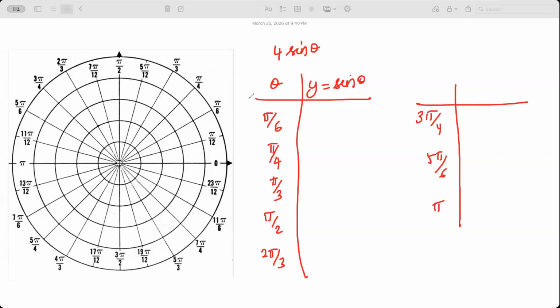So what is the cycle here? I'm doing only till pi. Are you observing that I'm doing only till pi? So let's do 2 sin theta. How is the graph going to be? You want me to give you the values? I can give you the values as well.